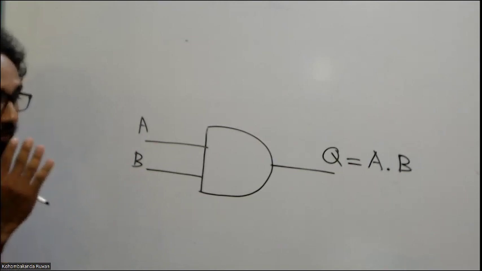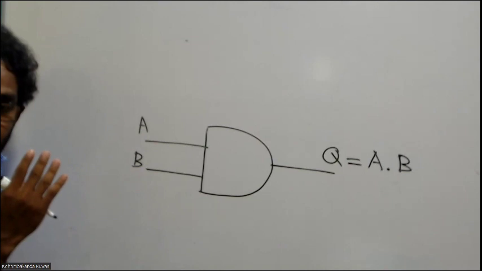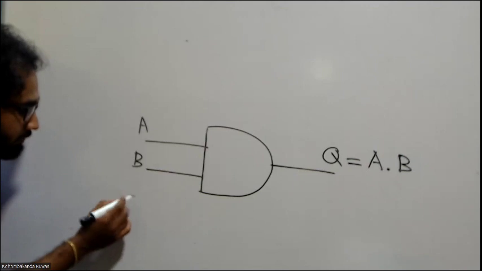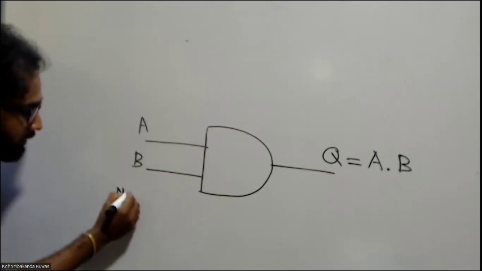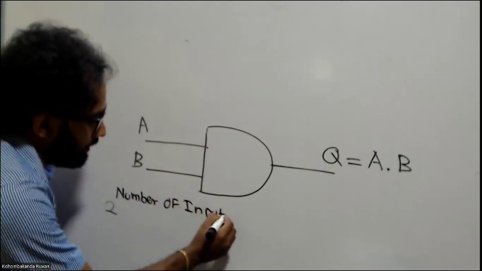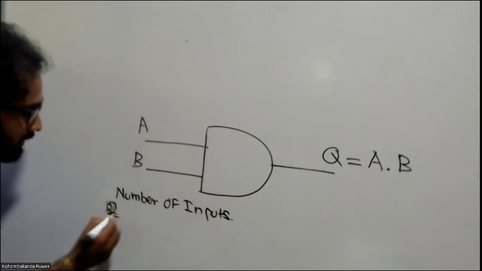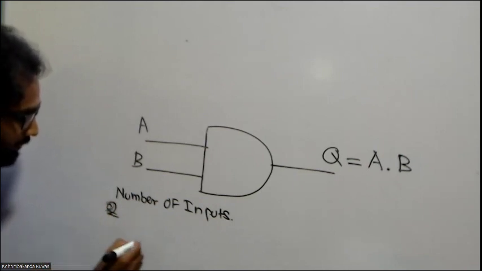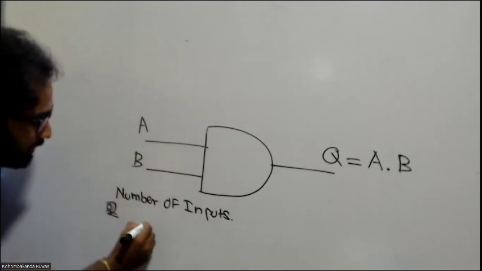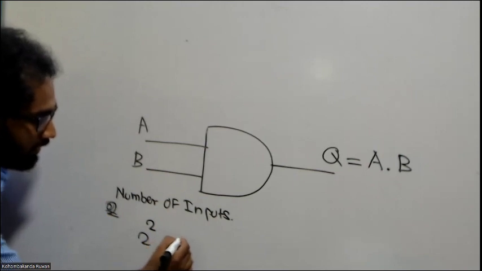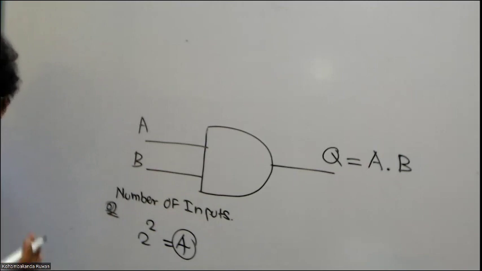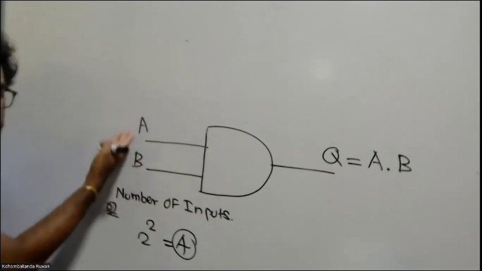Then we can build some function or formula, like this: 2 to power number of inputs. Assume that if you have 2 inputs here, 2 to power 2 means 4. This is how to calculate how many states according to inputs.